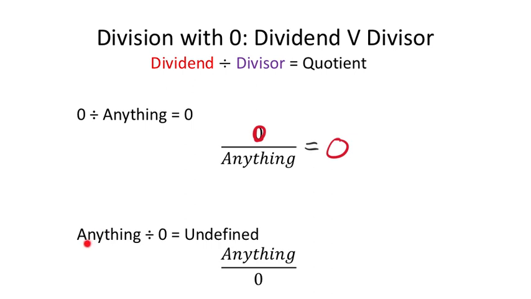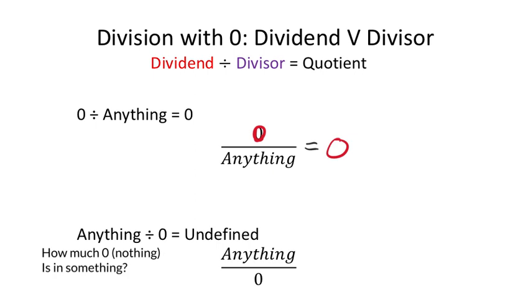Here, though, what we're saying is, this is really asking down here, how much 0, which is nothing, is in something? Well, how much nothing is in something? Some people say there's no nothing in something.